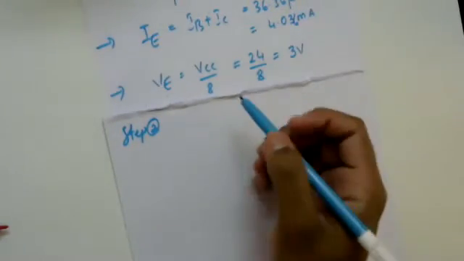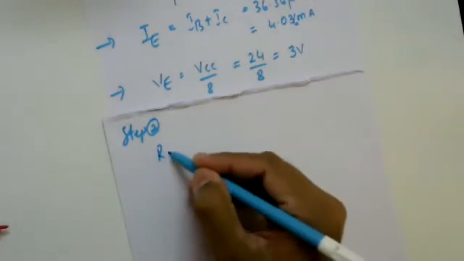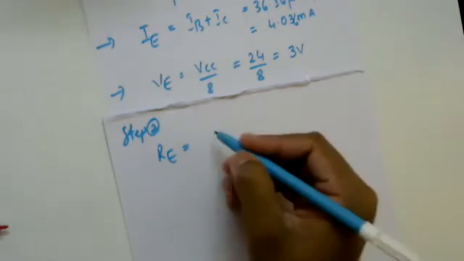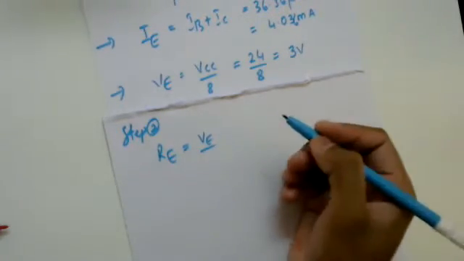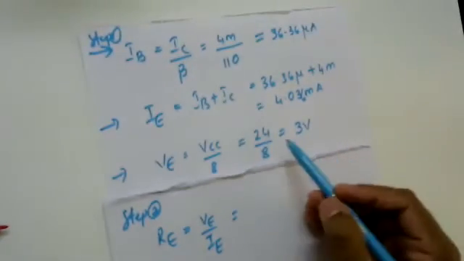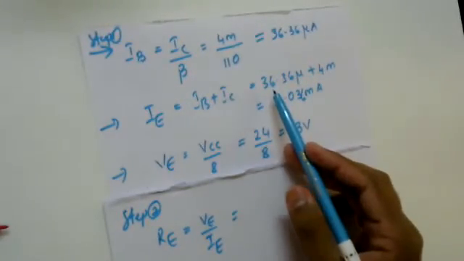I can compute the value of RE as VE divided by IE, because I know what is my VE, I know what is my IE.